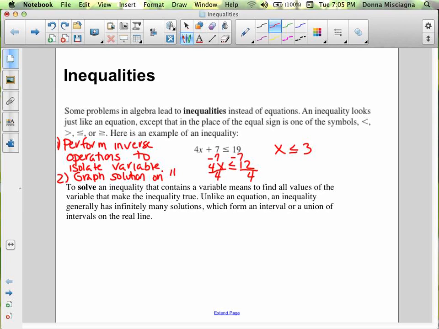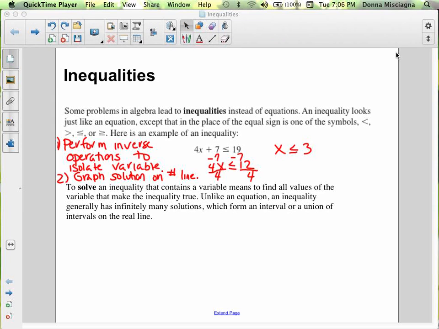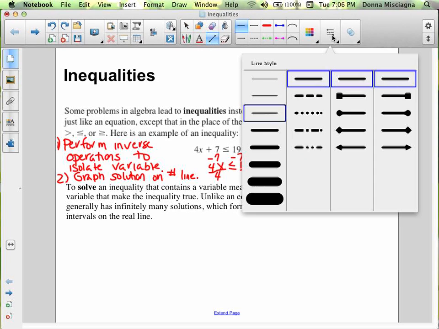I'm going to abbreviate number with the symbol. All right, so we'll just draw it. I've got a line tool, so I'll make it look nice. And actually, I can get a line tool that's got arrows on both ends.